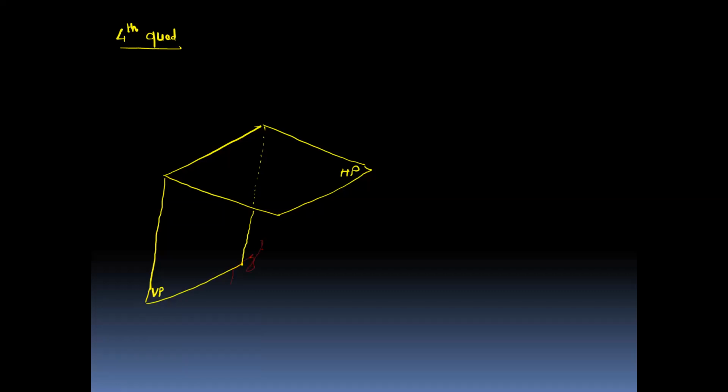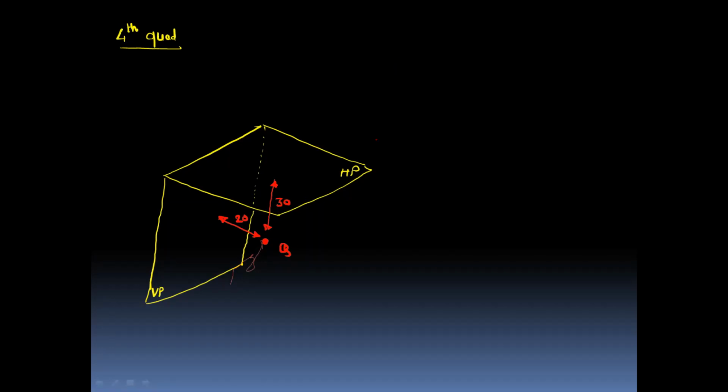So consider this is the fourth quadrant, and there is one point Q. It lies in the fourth quadrant, and its distance is specified. In front of vertical plane, the point Q is located at distance 20, and below the horizontal plane, the position of the point Q is 30 mm. So with these dimensions, we have to draw the front view and the top view.